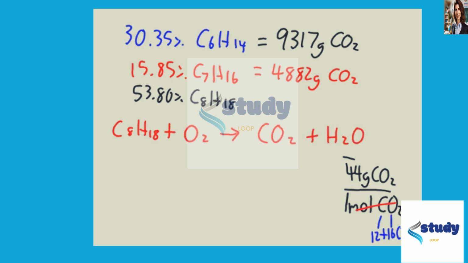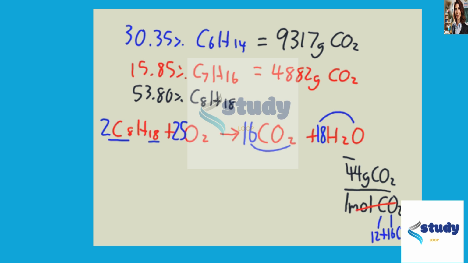Great. Alright, we've got a subscript of 18, so we'll put an 18 in front of the H2O. We'll fix the hydrogen on the left. Now we've got 16 carbon, and then we've got 32 and 18, which equals 50. Half of 50 is 25, thus satisfying our balanced equation.